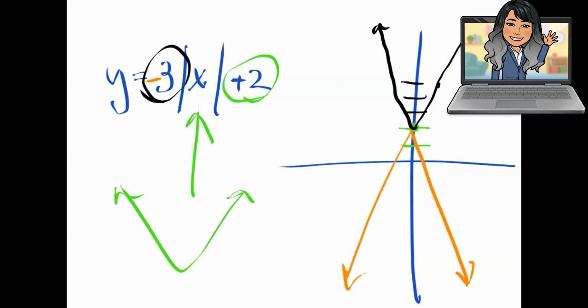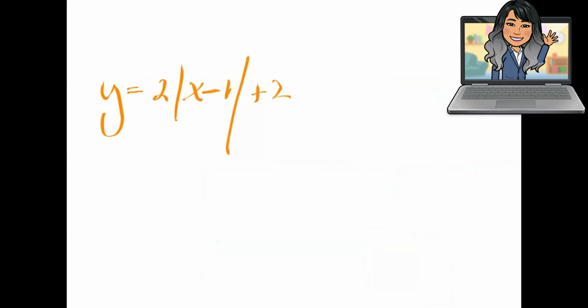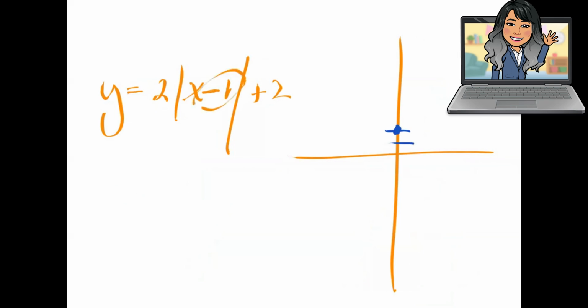Okay. All right. Now let's add some more. Let's do y equals 2 absolute value of x minus 1, plus 2. So then I'm gonna go up 2, 1, 2. And then I'm gonna go right 1, because I do the opposite of -1 right here.